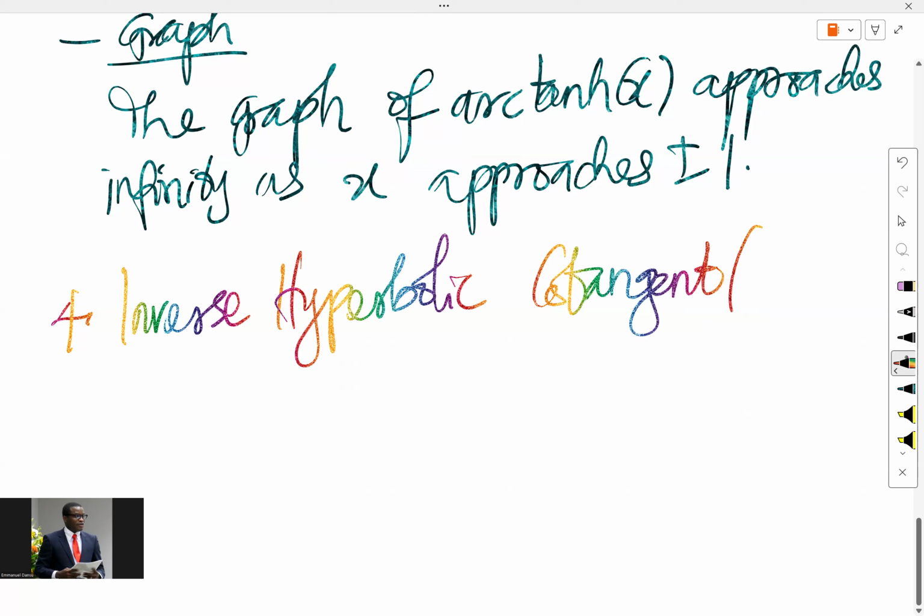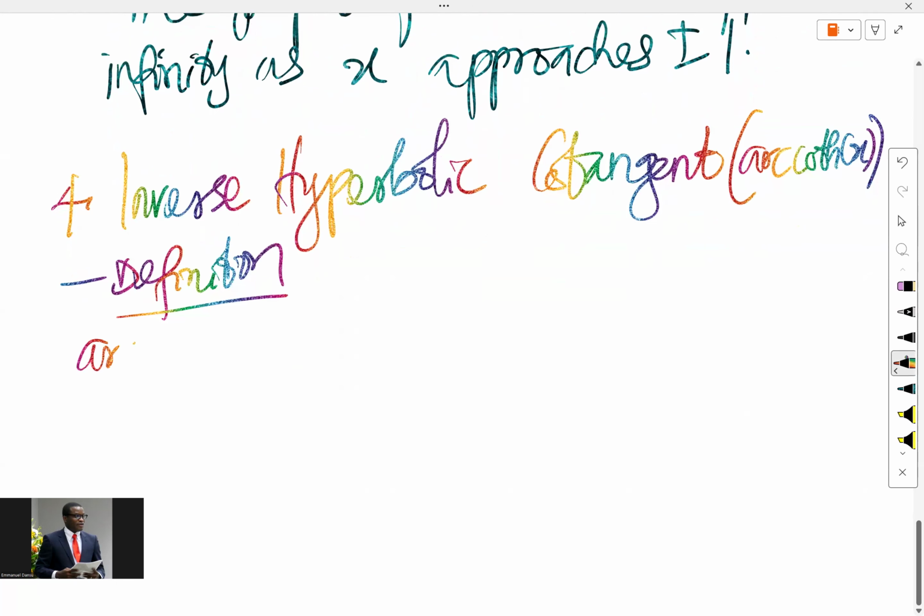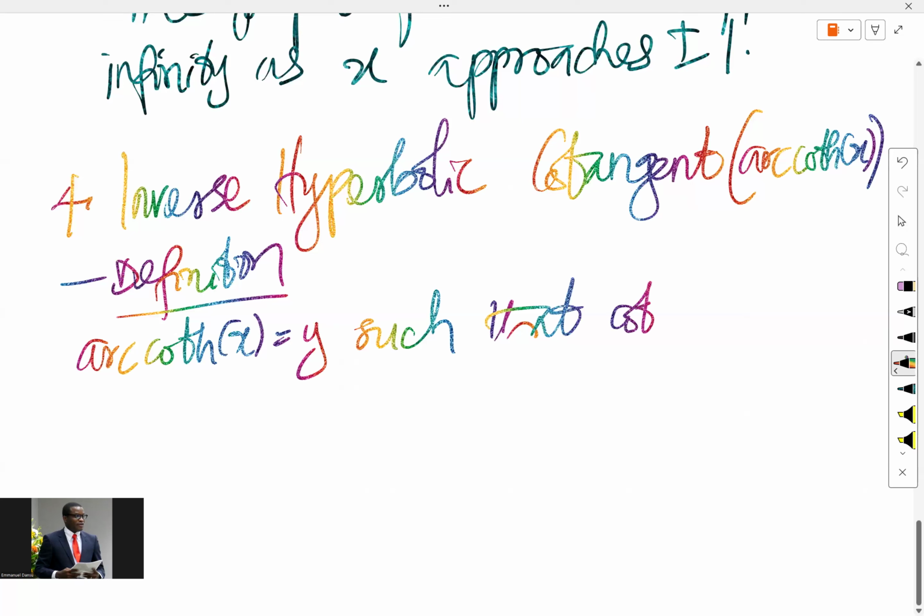So that is arcoth x. So we have the definition: arcoth x is equal to y, such that coth y is equal to x.